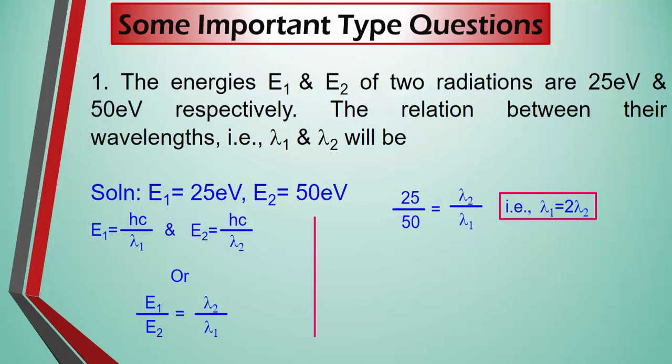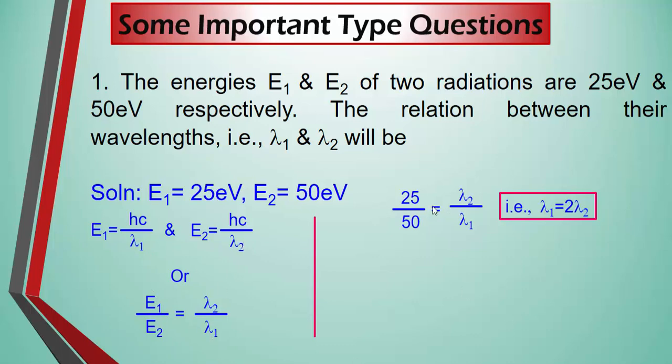When frequency is not known, instead of E is equal to h nu, you are going to replace nu by c by lambda. So E1 is equal to hc by lambda 1 and E2 is equal to hc by lambda 2, or E1 by E2 is equal to lambda 2 by lambda 1.